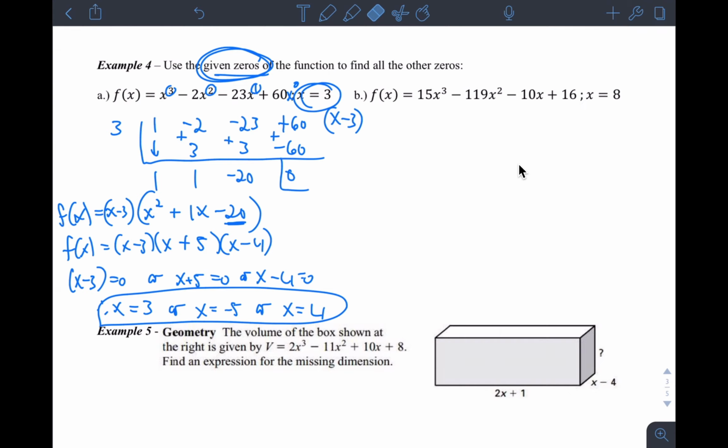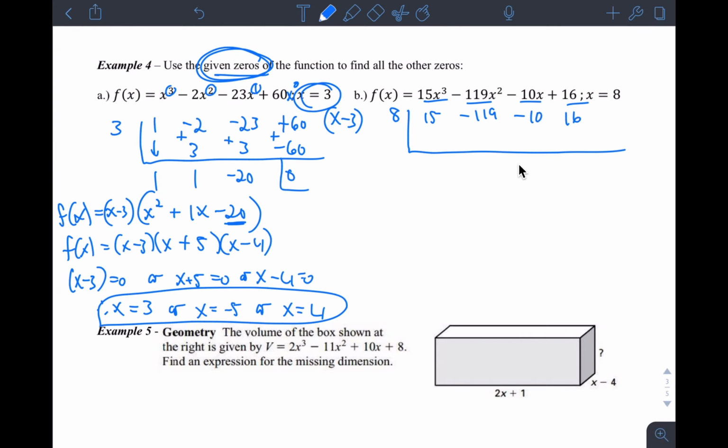All right, same thing here. Let's just continue. x equals 8. It's already done for me. I put the 8 here. Check that there are no gaps in the powers. There aren't any, so I just do 15, negative 119, minus 10, 16.